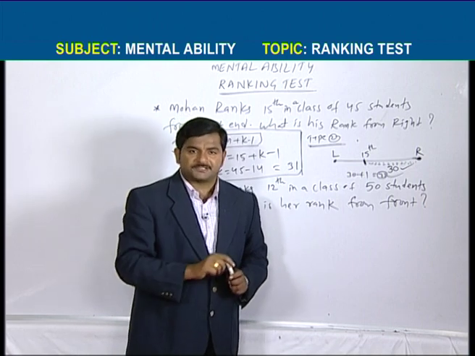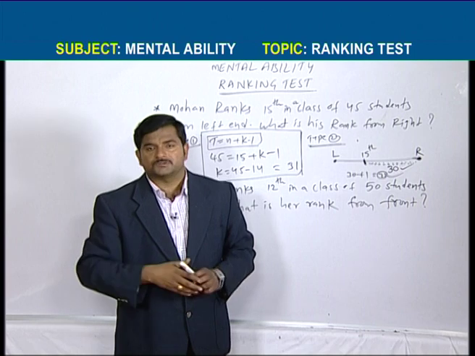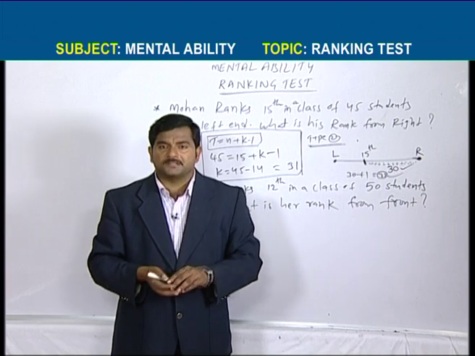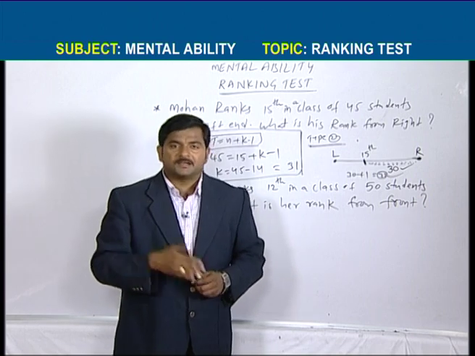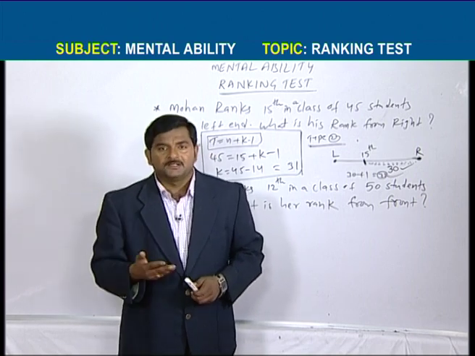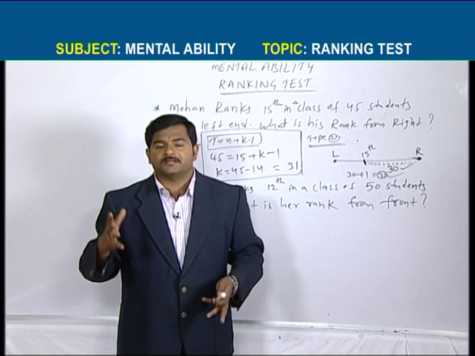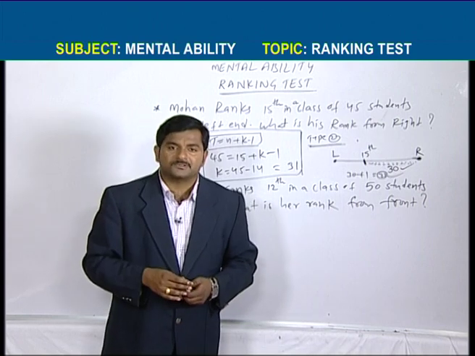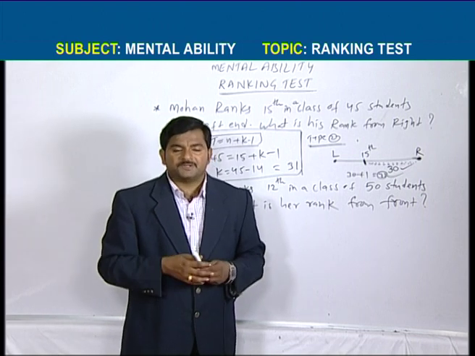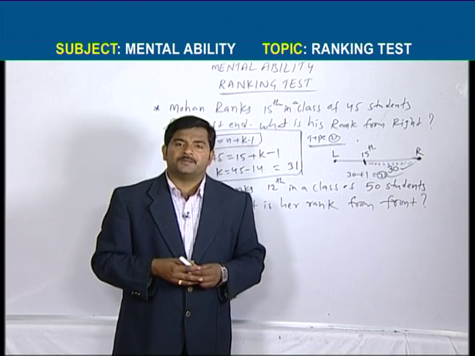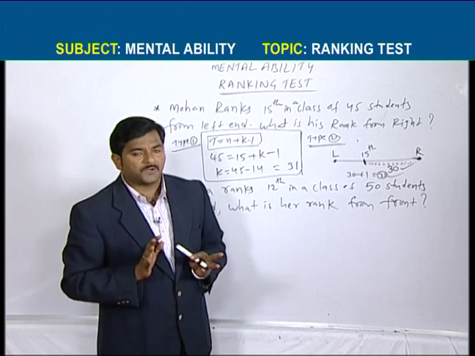East, west, north, south, left, right, front, back, front, behind, left end, right end. These all are the same concepts. For all these types of questions, you can simply use the formula T is equal to n plus k minus 1. I hope you understood this concept.